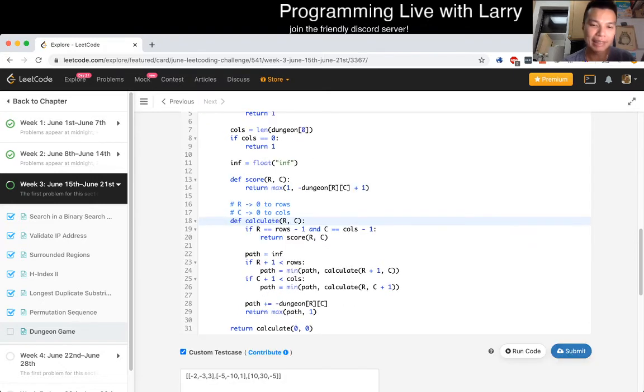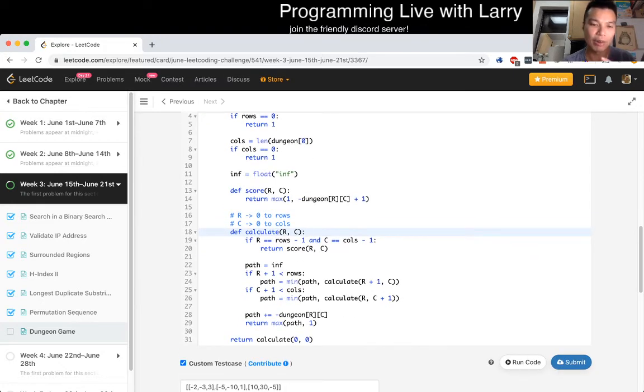And because of that, it's going to take R times C, because that's the number of possible inputs. And for each of these inputs, we're only doing O of 1 operations. It turns out I didn't need this, but that's okay.